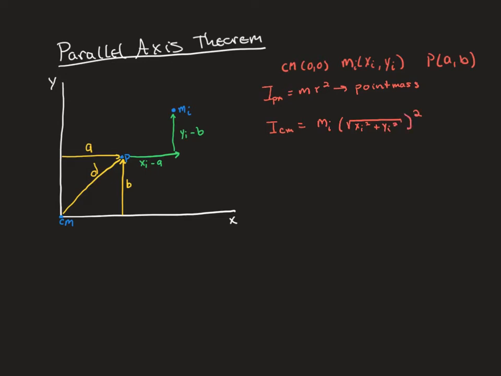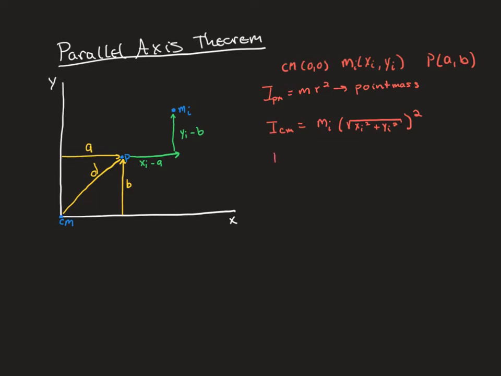Because remember, the distance from here to here is going to be the hypotenuse of a right triangle where this is your x coordinate and this is your y coordinate. So if we take the two sides of the triangle, we can use Pythagorean's theorem to find the distance between the center of mass and the particle up here. And I know the square root and the square cancel each other out, but I write it like this just so you can visualize that I'm plugging in something from Pythagorean's theorem into that r squared position.